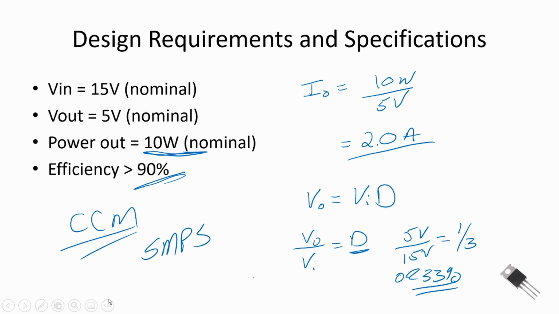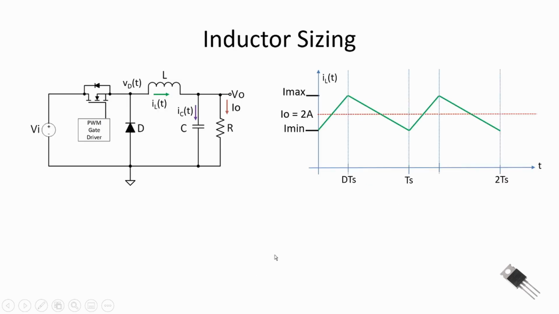Now let's go on to sizing the inductor based on this. You'll notice that in the requirements, we did not have a specification for the ripple current through the inductor. A standard rule of thumb is our delta I over I out should not exceed 40%.